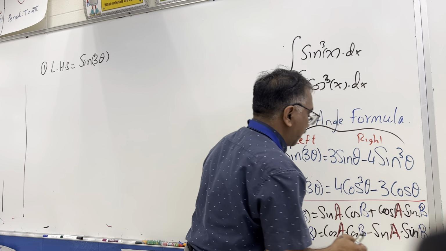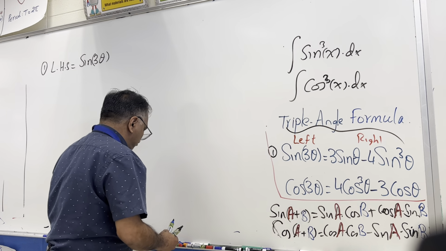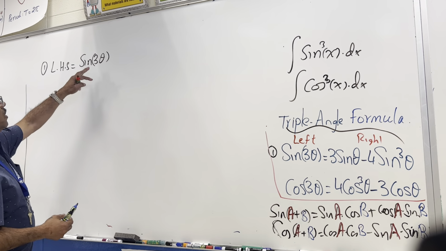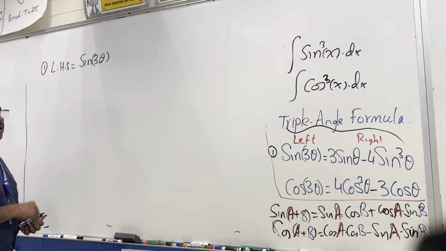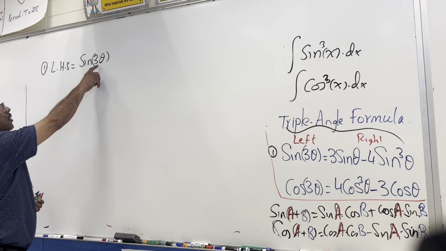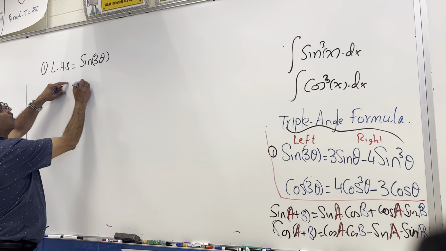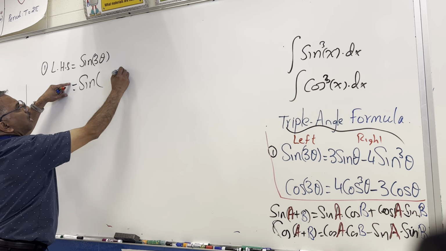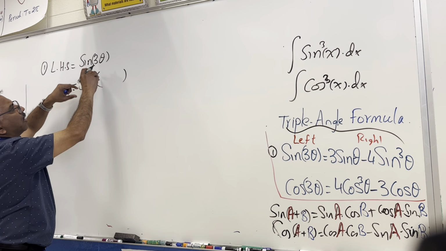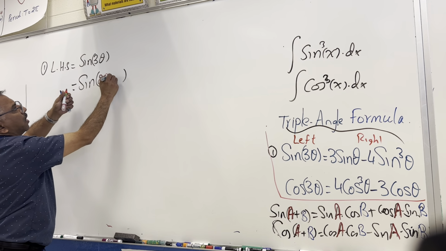Okay, so the goal is to know, can we write this 3 theta as a sum of two angles? So 3 theta can be written as, so this equals sine of, and I can split 3 theta as 2 theta plus theta.